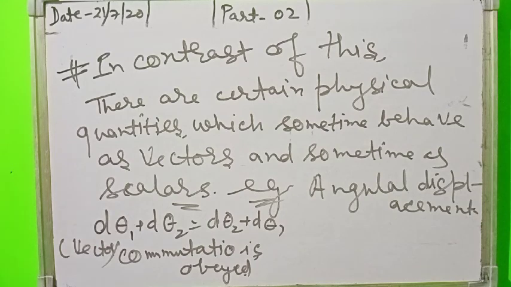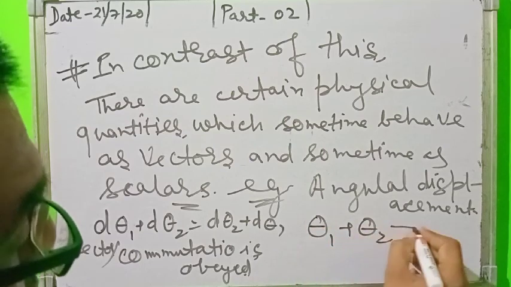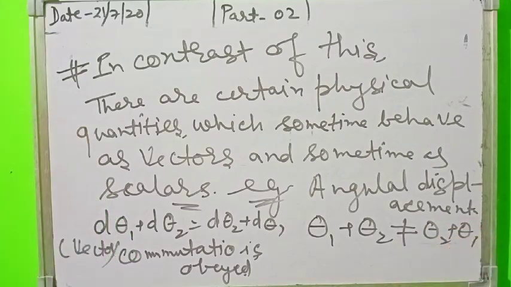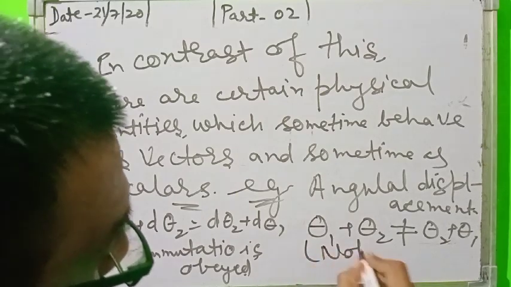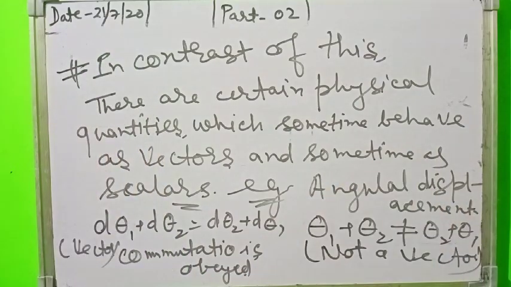But for large angles, theta 1 plus theta 2 is not equal to theta 2 plus theta 1. For large angular displacement, it is not a vector, because here commutation is not obeyed.